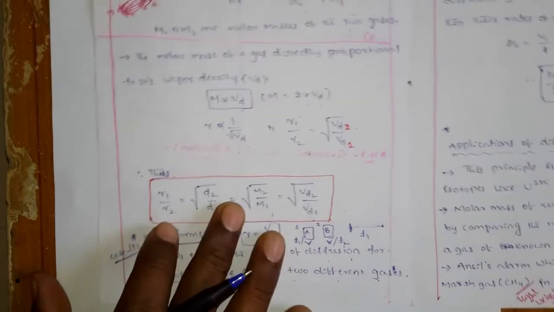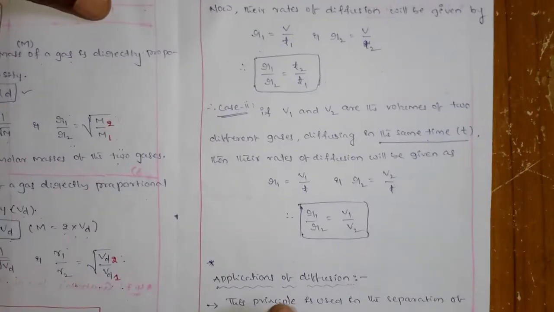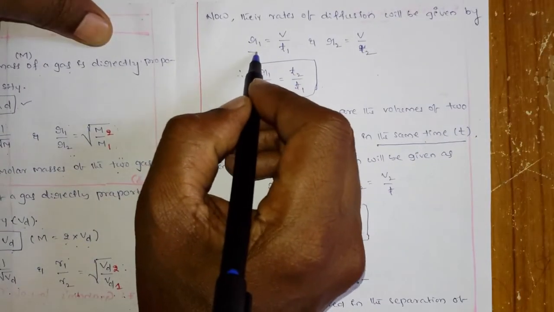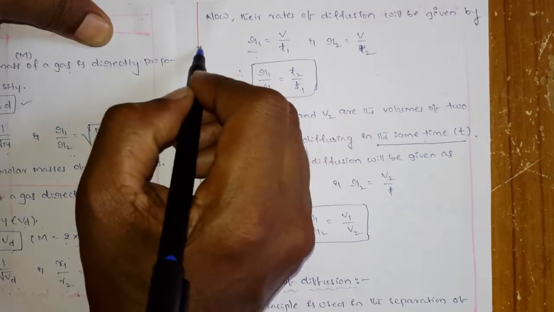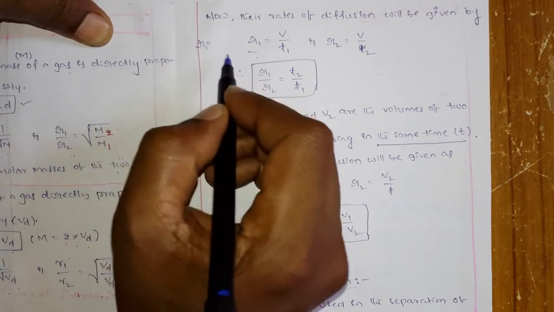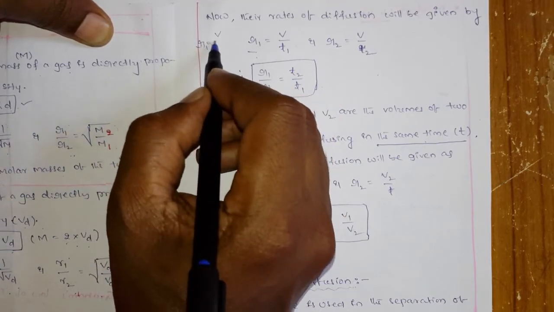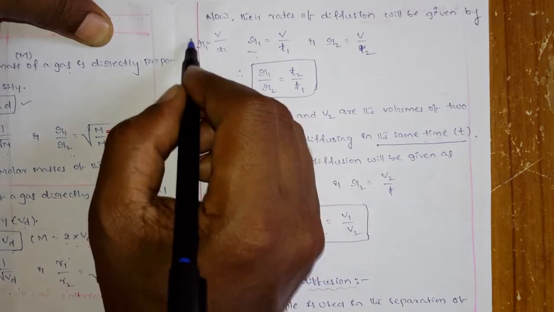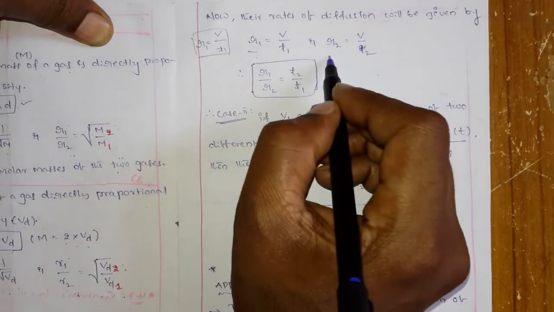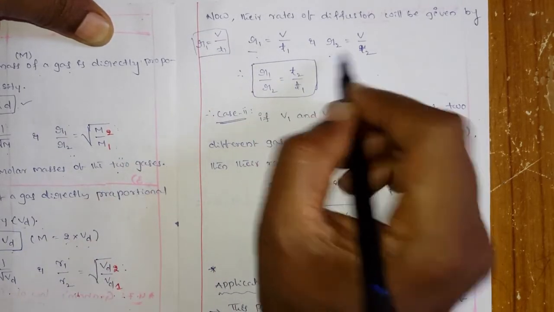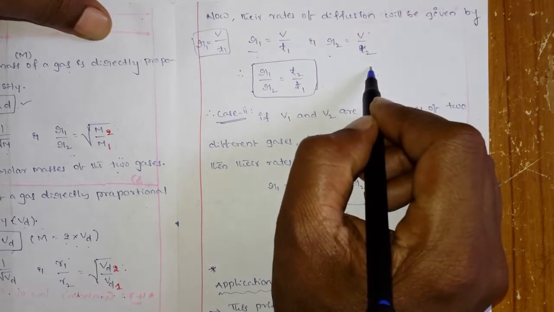Right, very simple. For the first gas, R1 is equal to V, the volume, divided by the time taken T1. Similarly for the second gas, R2 is equal to V by T2.